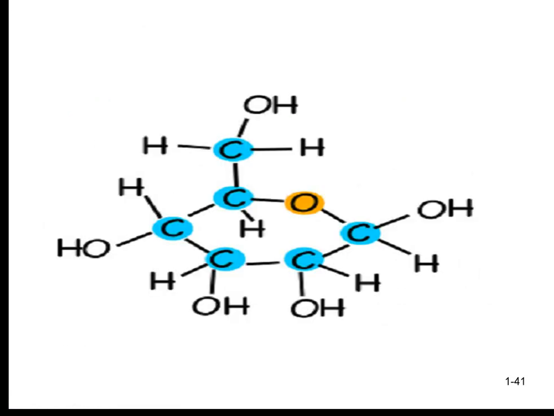So when you think about carbohydrates and you talk about connectivity, here we have carbon, so they make this ring here, a 6-membered ring, but one of the carbons is replaced by oxygen.